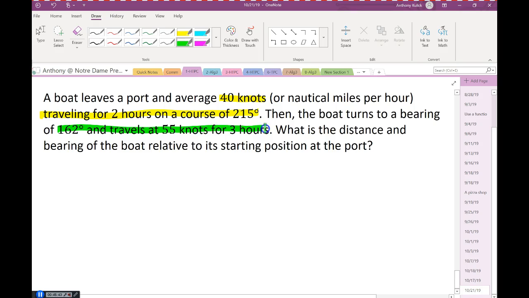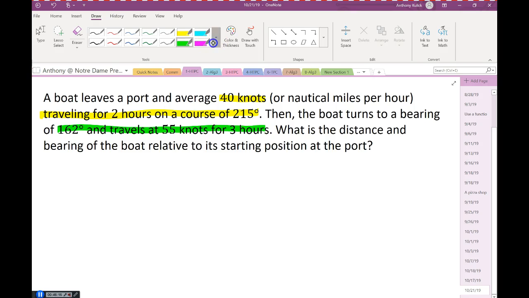And then we're going to break our second part down into a vertical and horizontal component. After that, we can add the vertical components and the horizontal components of the two different parts of our trip, and then use the Pythagorean theorem to find out the total displacement, or the total distance we are from the start, and the angle that we are relative from the start.